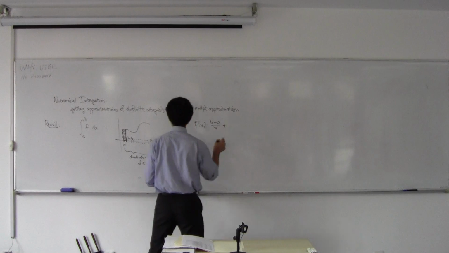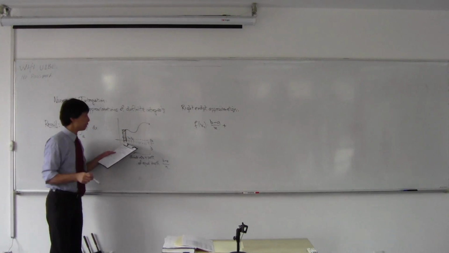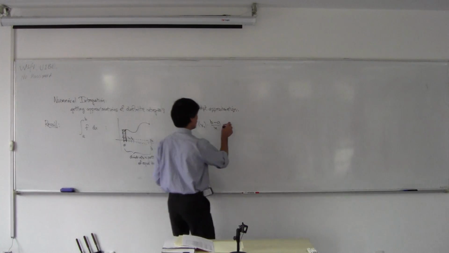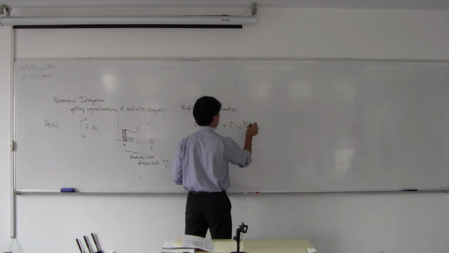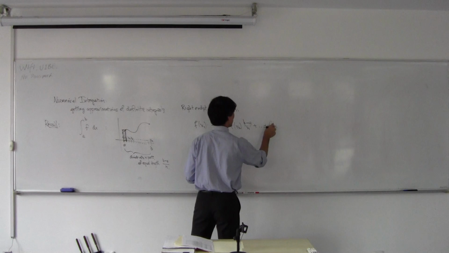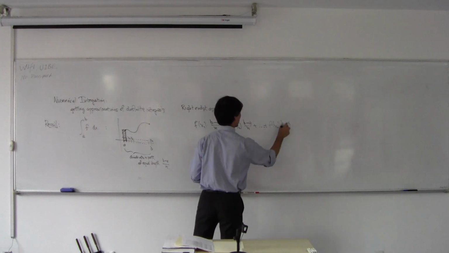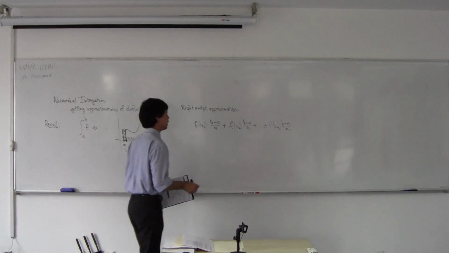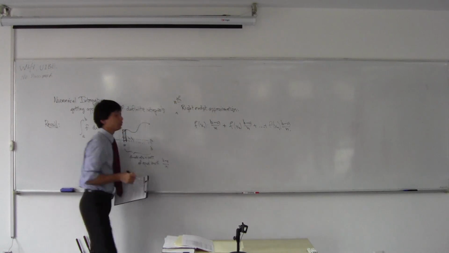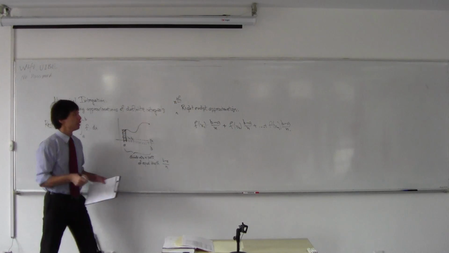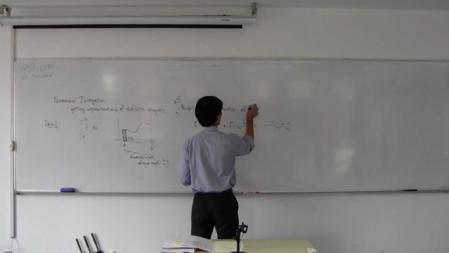And then you do that for each interval. So you do f of x2 times b minus a over n, plus and so on, up to f of xn times b minus a over n. And so this would be the nth right endpoint approximation of the definite integral.